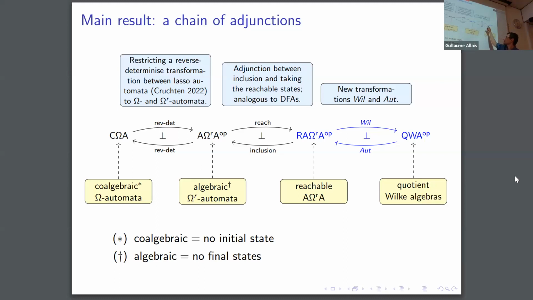What these do, very briefly, is if we're given a quotient Wilke algebra, we can think of it as an automaton, but an automaton that reads things backwards, because forwards, there are some problems with the reading of the words.